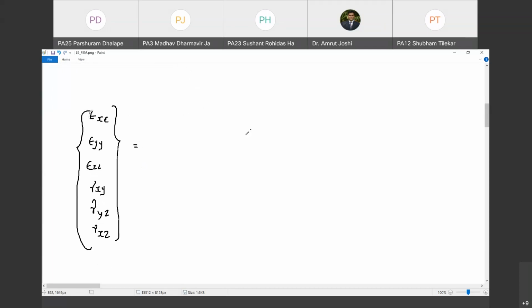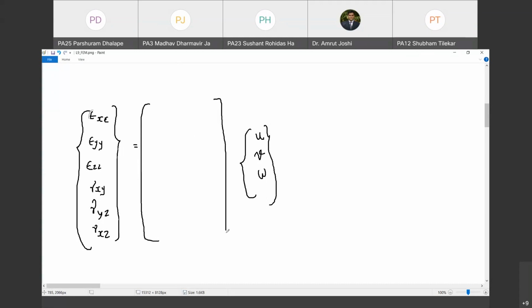This is some function of u, v, and w. Now, tell me, if this multiplication should result into a matrix of 6 cross 1, and if this matrix has a size of 3 cross 1, what should be the size of this matrix?